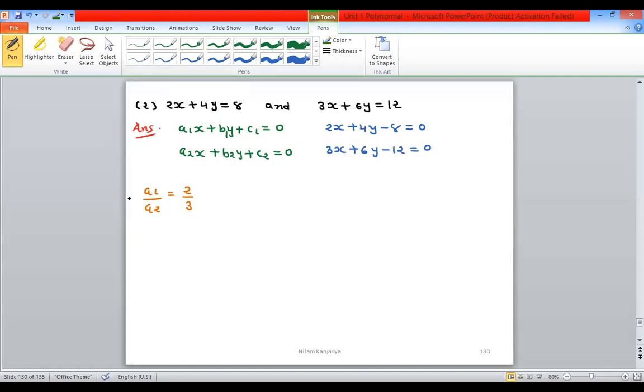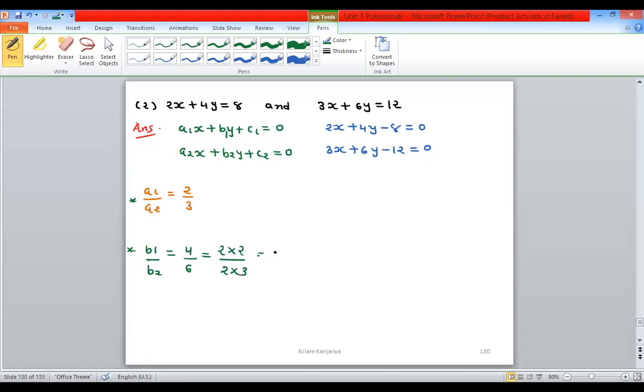Now I'm finding the second, b1 upon b2. Write the value, b1 upon b2. b1 is 4, b2 is 6. Cut, this is 2 into 2 and 2 into 3.